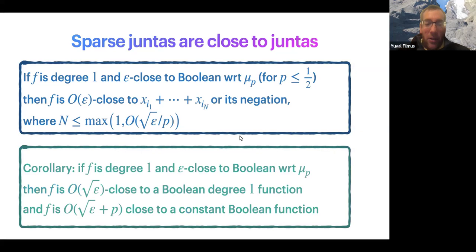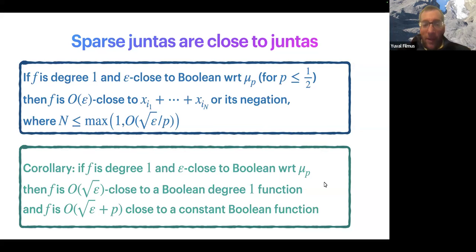Let's say that f is this degree 1 function which is epsilon close to Boolean. Then this function is square root epsilon close to some Boolean degree 1 function. And in fact, square root epsilon plus p close to a constant Boolean function, so to 0 or to 1. And because we think of p as small, maybe this is the same as square root epsilon.